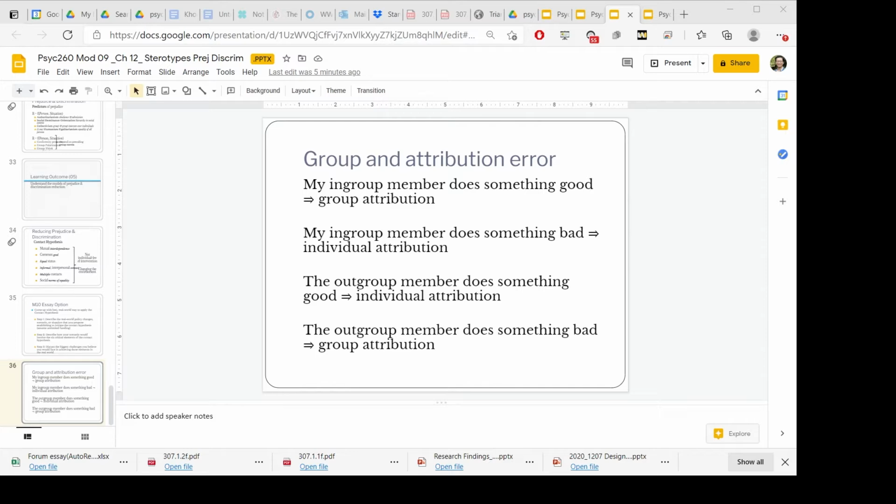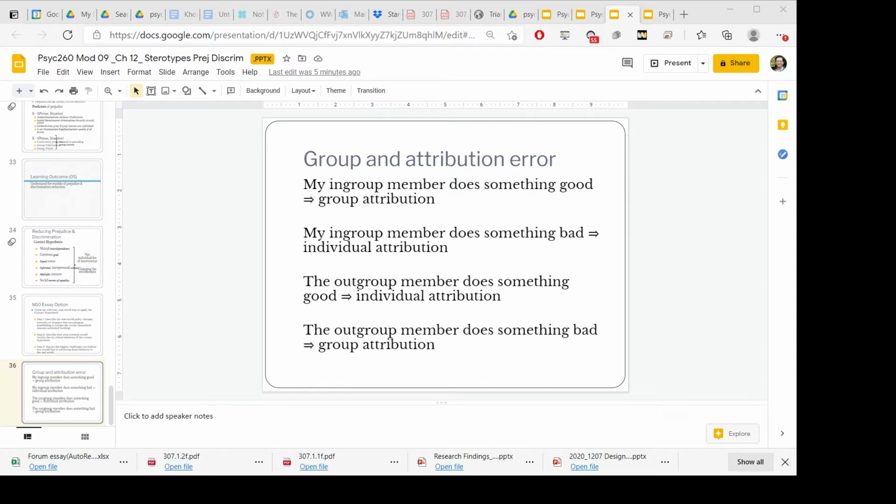When we see an out-group member do something good, we tend to make more individual attributions. For example, if a Duke student was friendly or did something nice, we might say, well, Duke as a whole kind of sucks, but this particular student is a good person.